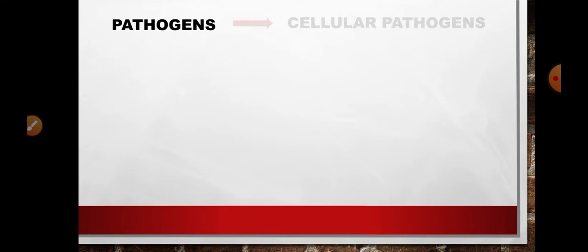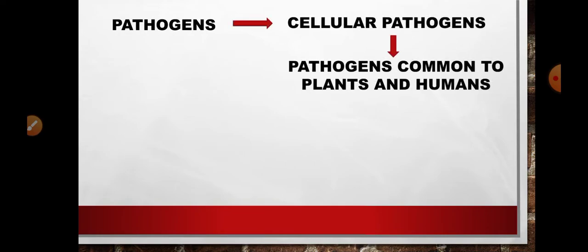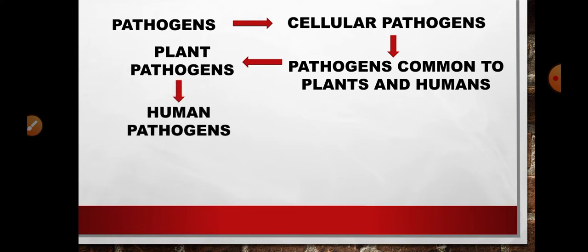In the first paragraph of the background of the study, we discussed the topic starting from pathogens. Then we narrowed it down to cellular pathogens. Then we narrowed it down to pathogens common to plants and humans. After that, we discussed plant pathogens first before discussing human pathogens.